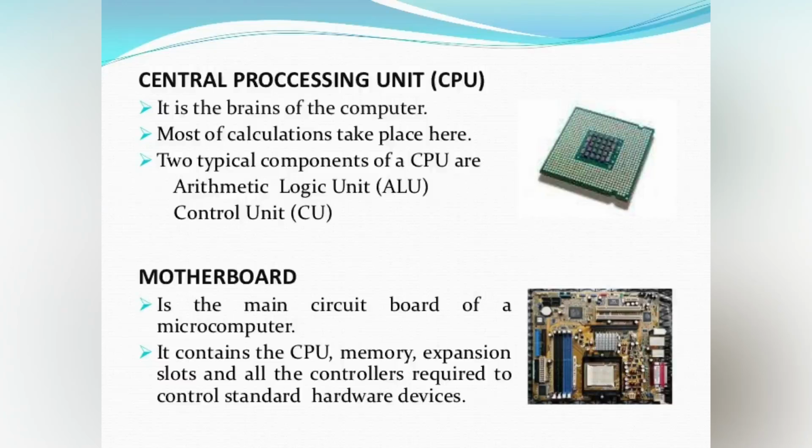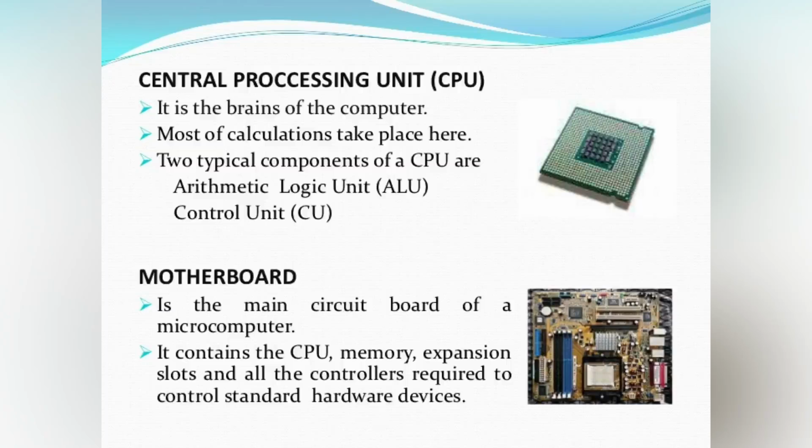The CPU is also called the processor because it contains an entire processing unit. A computer chip contains millions of transistors. They are small pieces of semiconducting material, that is silicon.